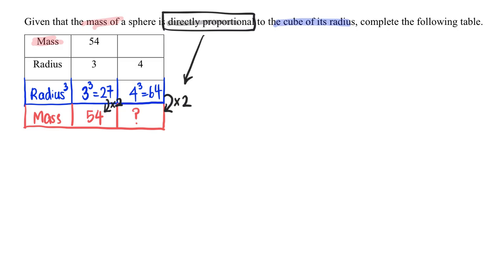Being directly proportional means that there is this same number that exists between the two relationships, and in this case it is times 2. And so the question mark here will be equals to 64 times 2, 128. And we have come to the end of this video.